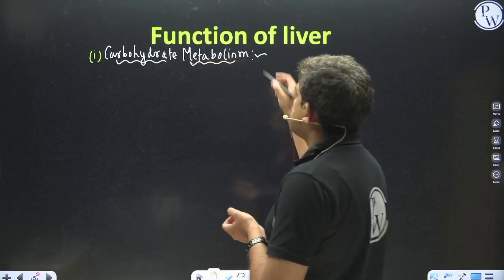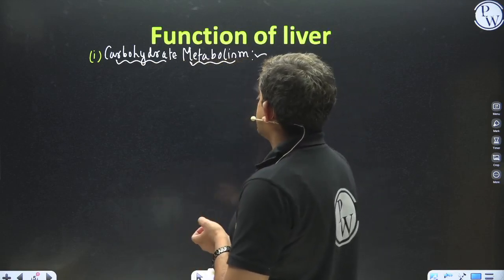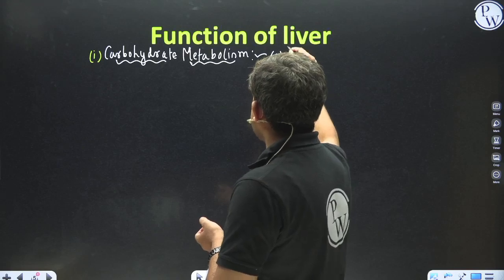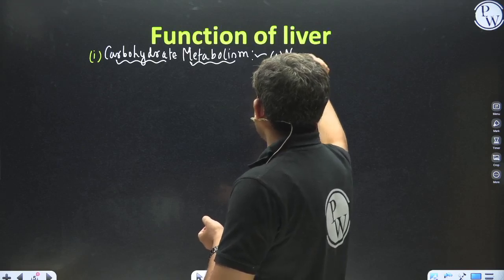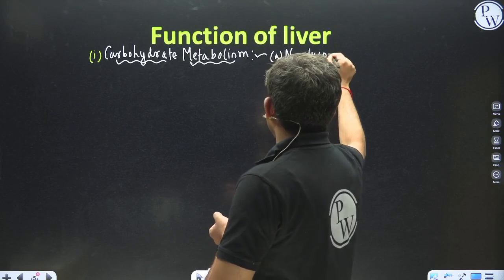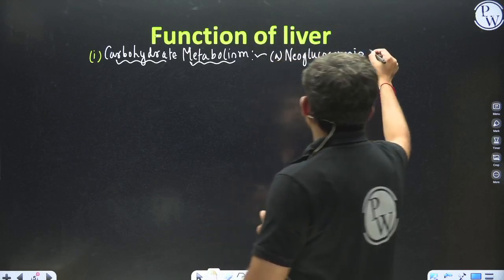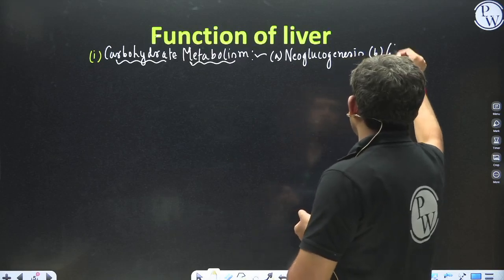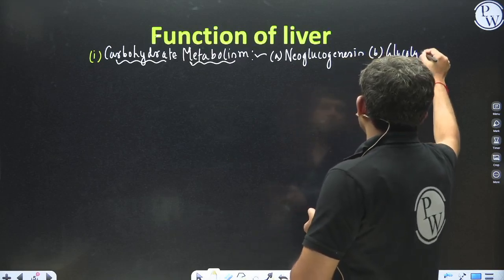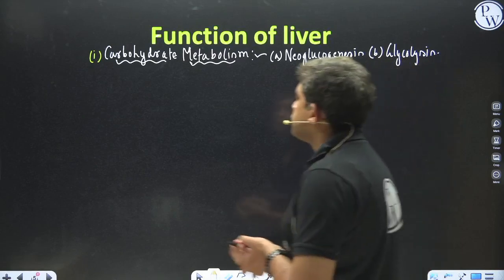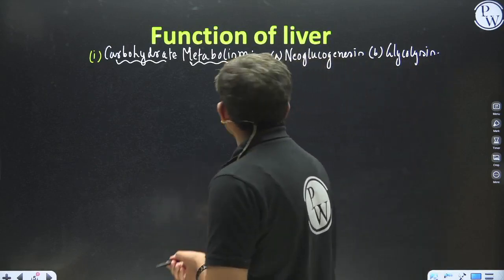Carbohydrate metabolism is associated with different types of biochemical functions. Number A, neoglucogenesis or gluconeogenesis. Number B is glycolysis, the breakdown of glucose.